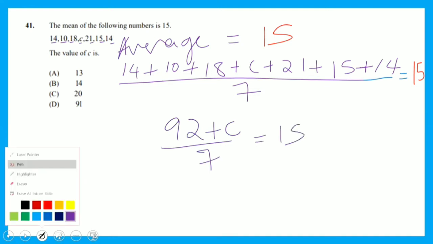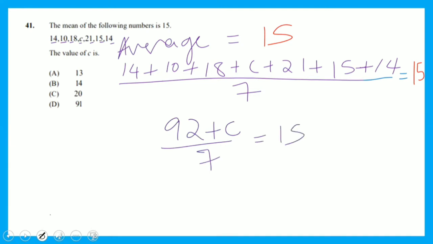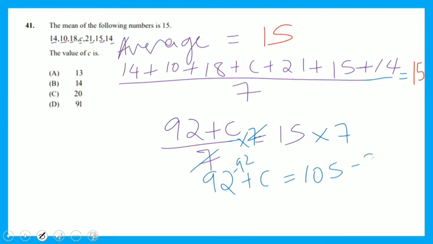We're trying to solve for C, so we want to get rid of that 92 and that 7. How do we get rid of that 7 first? We multiply by 7. Whatever we do to one side, we do to the other. So we have 92 plus C equals 15 times 7, which is 105. Subtracting 92 from both sides, we get C equals 13. So A is our correct answer.